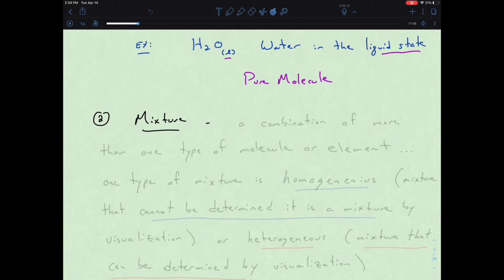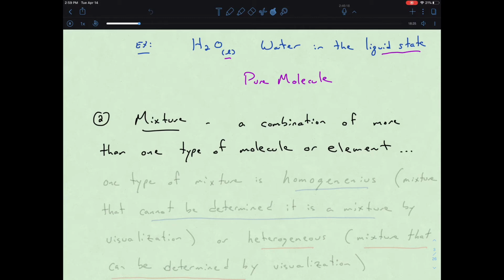And basically a mixture is a combination of more than one type of molecule or element. So basically we have more than one.